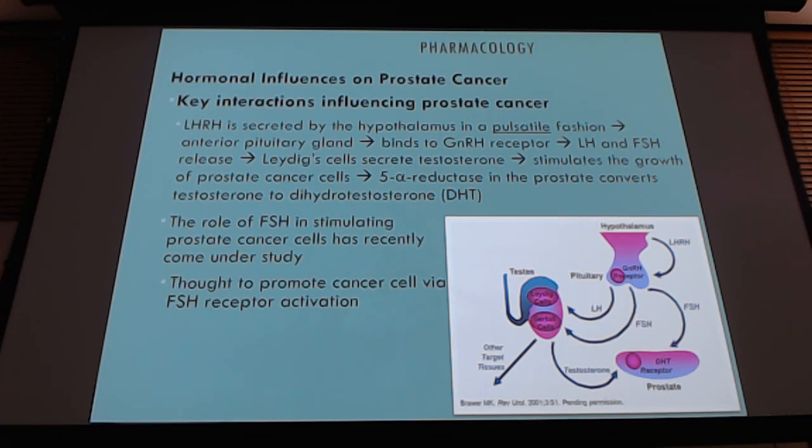Your LH is going to go to the target, which is the testes, and then you'll see the testosterone being secreted, and then therefore we can see that, hey, this is kind of what's driving that cancer in that patient and causing those prostate cells to continue to grow.